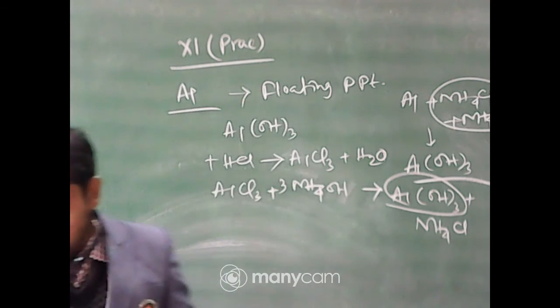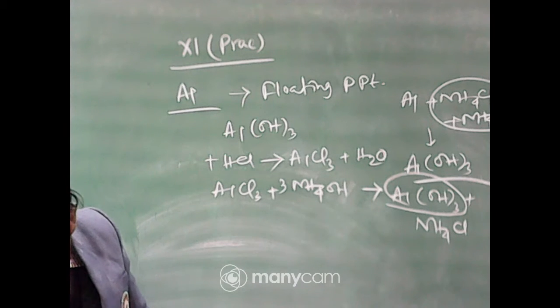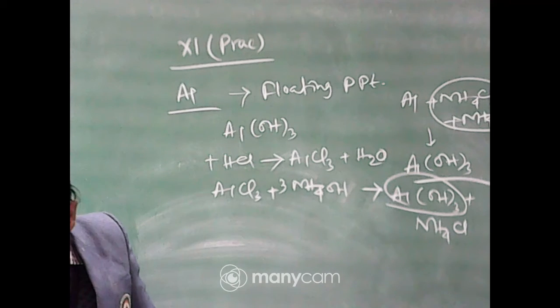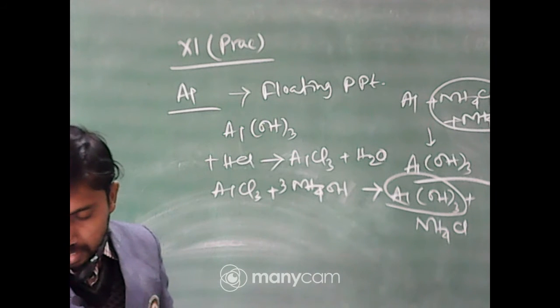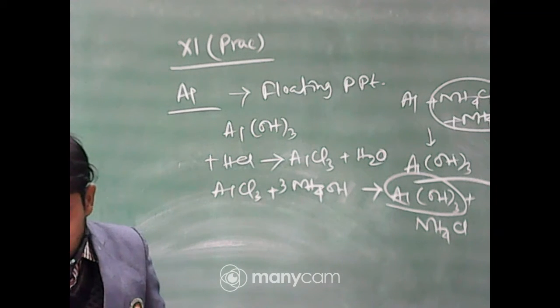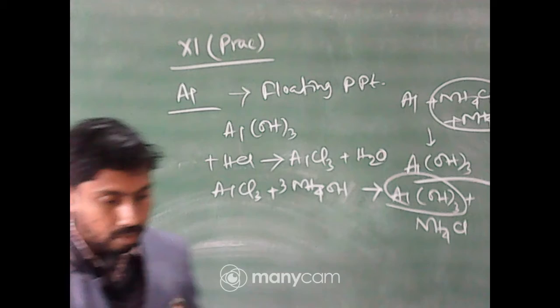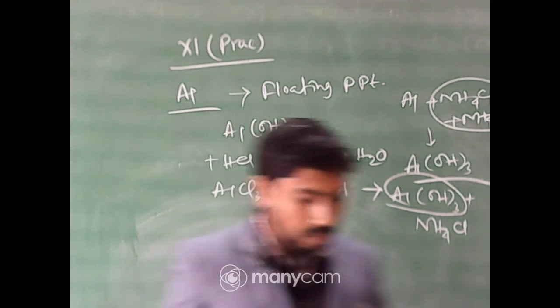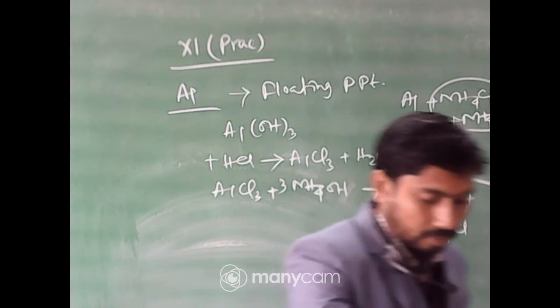Now here I will add one indicator. Now we have to dissolve the PPT in dilute hydrochloric acid, so we will add hydrochloric acid here.